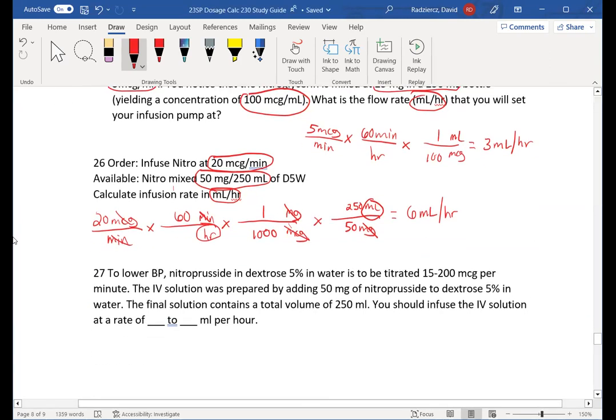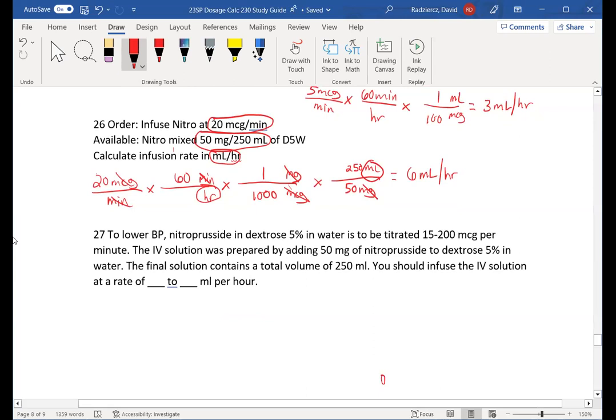This number 27 was asked during the review on Tuesday. And basically this should be a little bit of a recall to when you did your pediatric dosage calculations during third semester, where you're calculating a range, right?